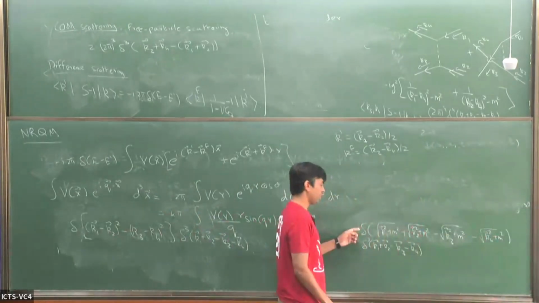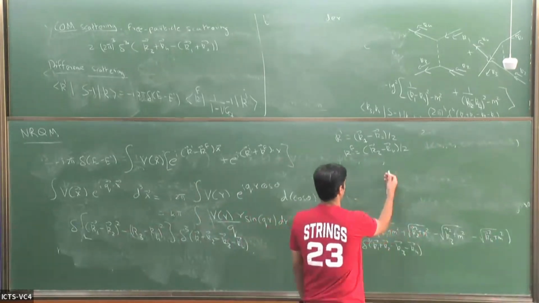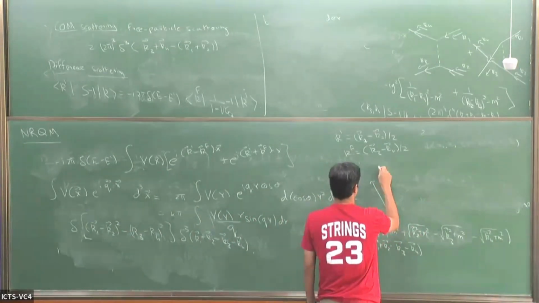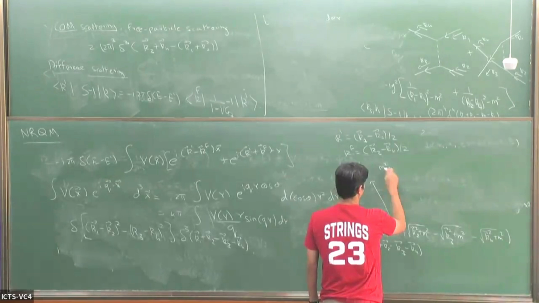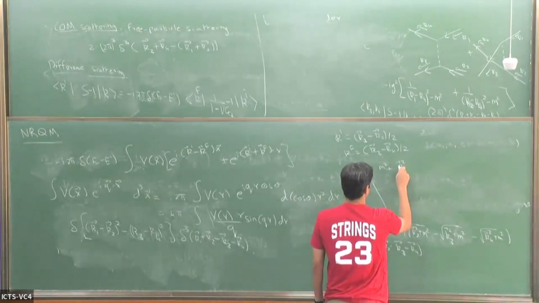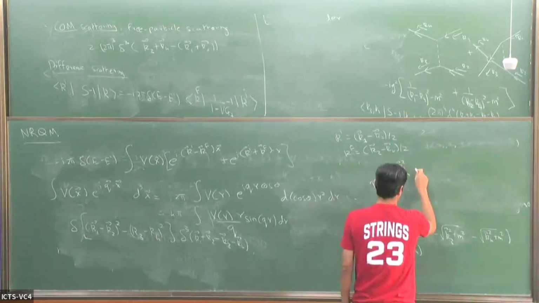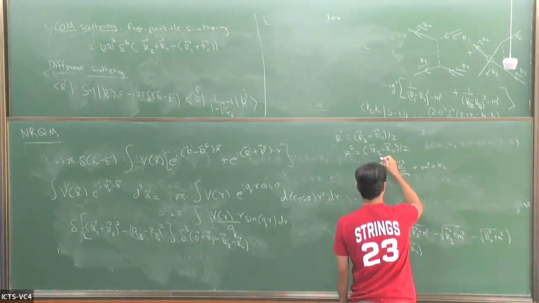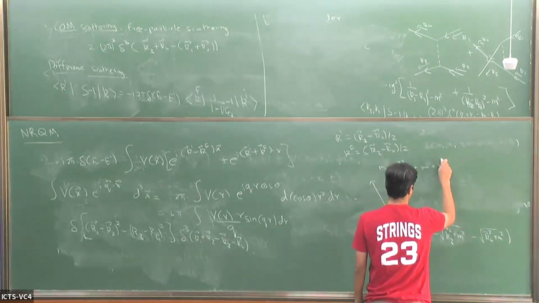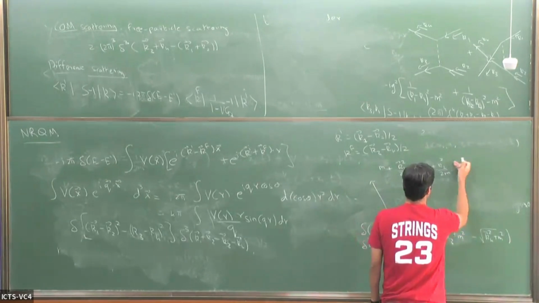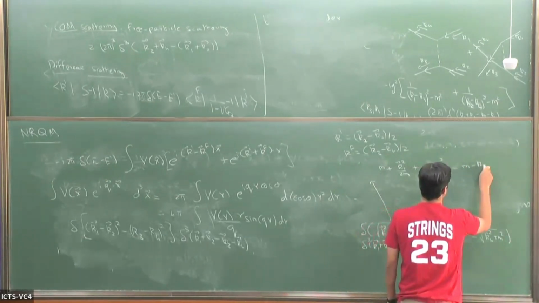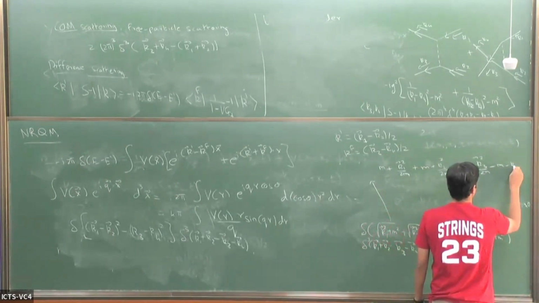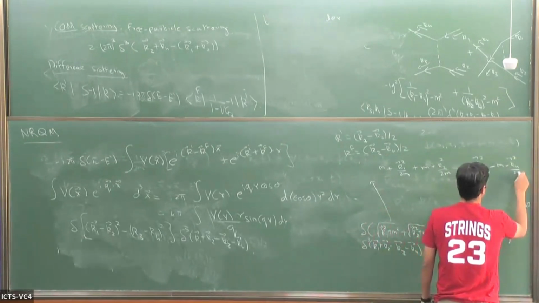When you do that, you should expand this delta function as this term looks like m squared, plus k1 squared by twice m, plus m squared plus k2 squared by twice m, minus m minus k3 squared by twice m, minus m minus k4 squared by twice m.